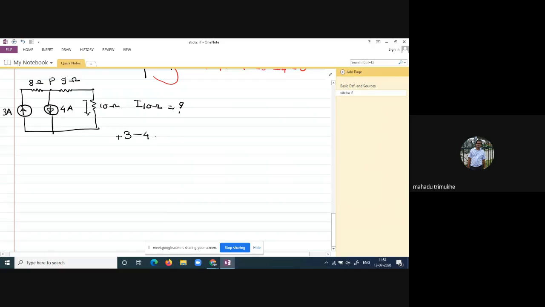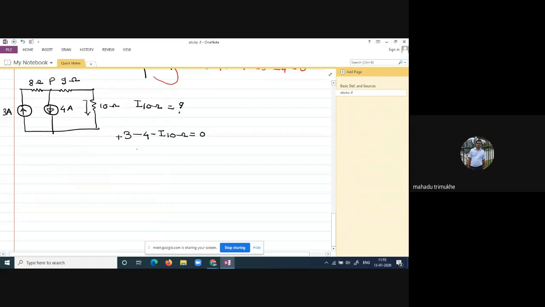Again, Gopal, the current direction is shown here for the 10 ohm resistance. What have we considered here? Minus, sir. Yes, exactly. Why minus? Because it's outgoing current. So plus 3 minus 4 minus I10ohm equals 0.